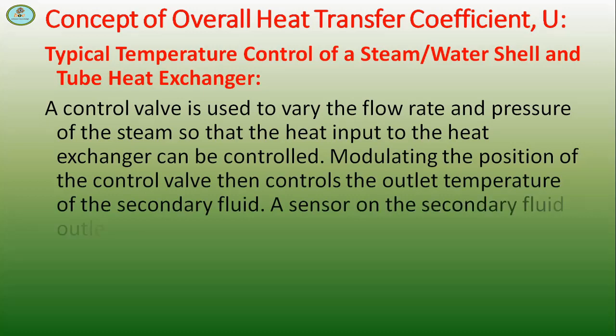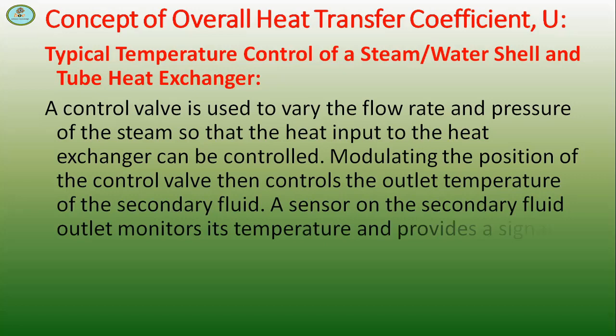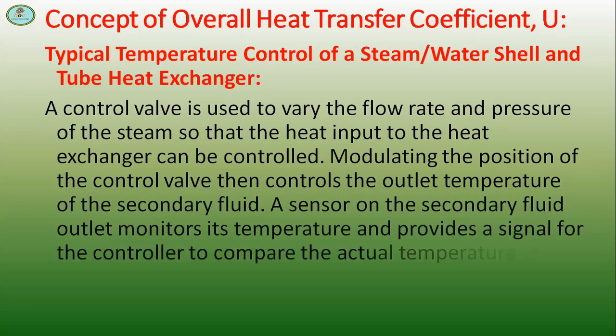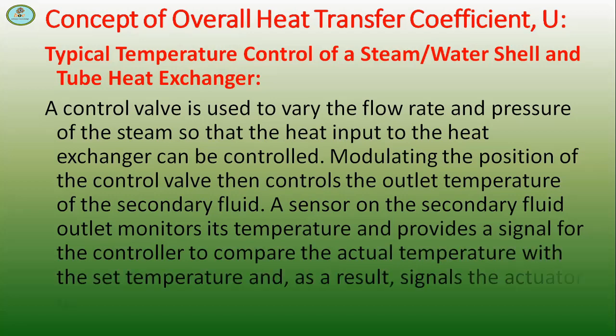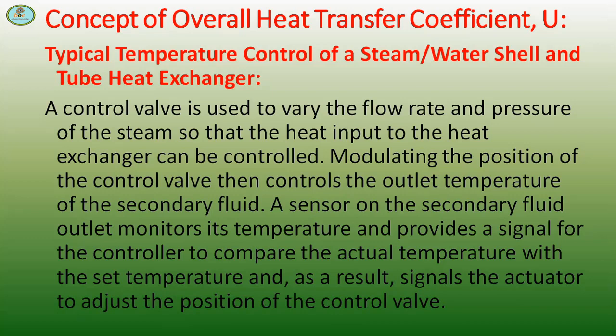A sensor on the secondary fluid outlet monitors its temperature and provides a signal for the controller to compare the actual temperature with the set temperature, and as a result signals the actuator to adjust the position of the control valve.